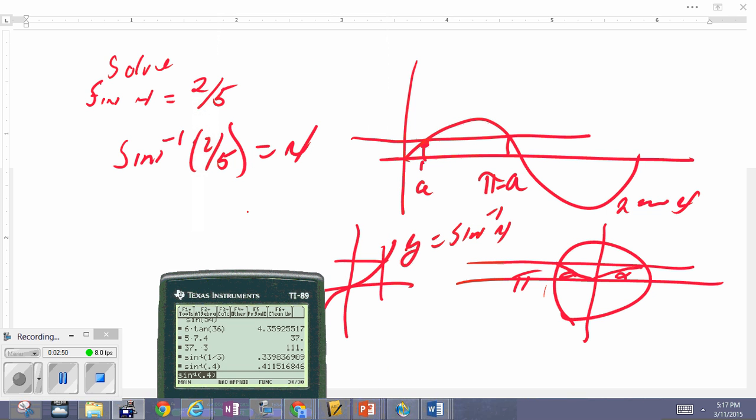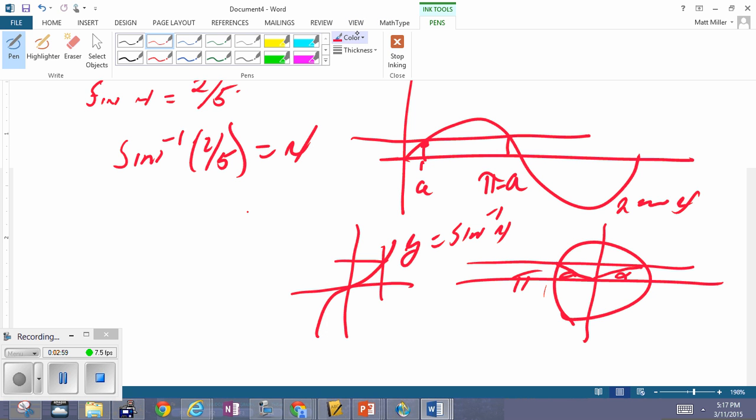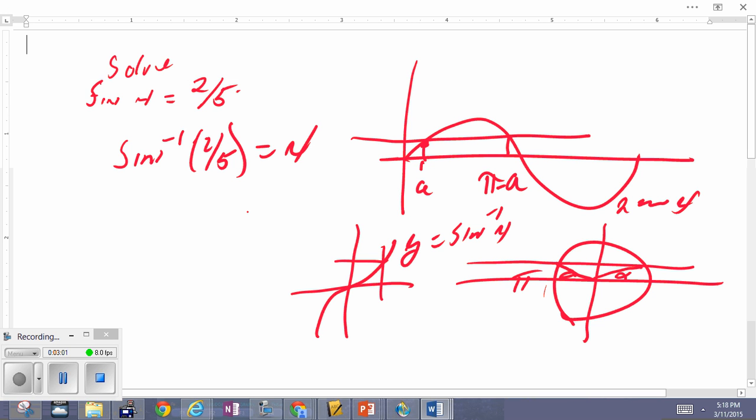So the solutions to this equation aren't but one, they're infinitely many, because this was a straight up sine. We used inverse sine to answer it, but inverse sine only gives us one answer, and we need infinitely many more.